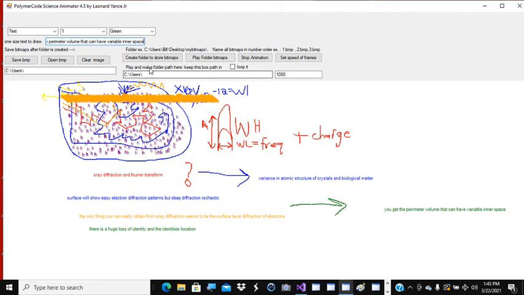So what you have to do now is break up the inner space and fit it to the perimeter.